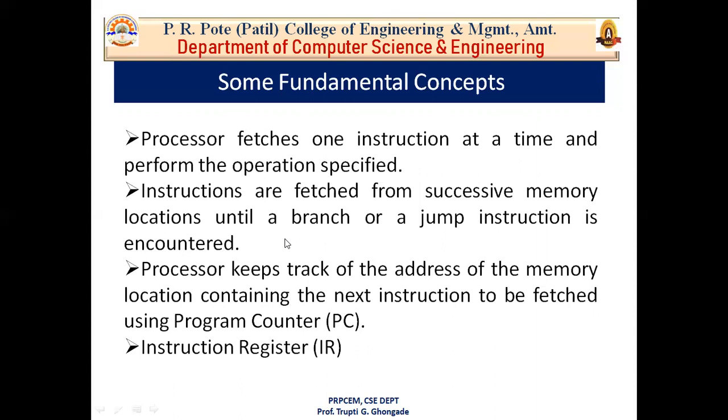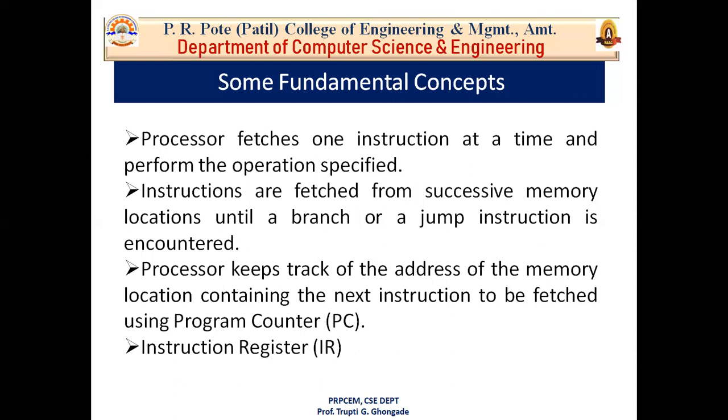As we discussed in the first unit, your instructions are executed one by one, that means in a sequential manner, because your PC, that is the program counter, is incremented. It points to the immediate next instruction, and that's why your instructions execute in a sequential manner.